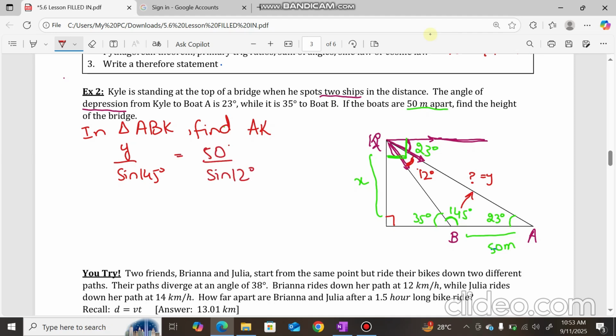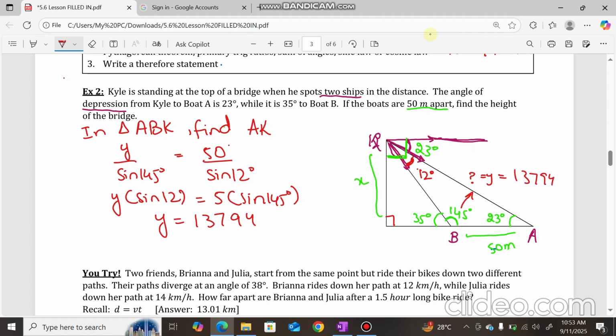By using cross multiplication we can write y times sine 12 equals 50 times sine 145, and by dividing both sides by sine 12 we get y equals 137.94.